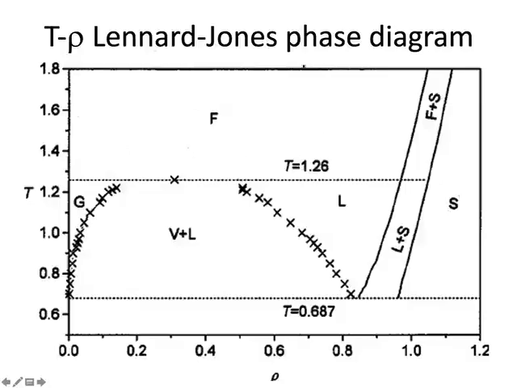And above here is a supercritical fluid phase, with the critical temperature and the triple temperature. The temperatures and densities on the axis are now the reduced temperatures and densities. So this is temperature divided by the energy parameter epsilon, and this is the density divided by the length parameter sigma cubed.